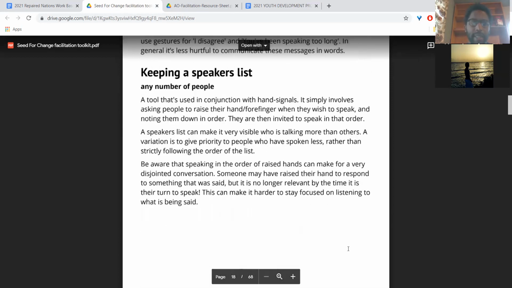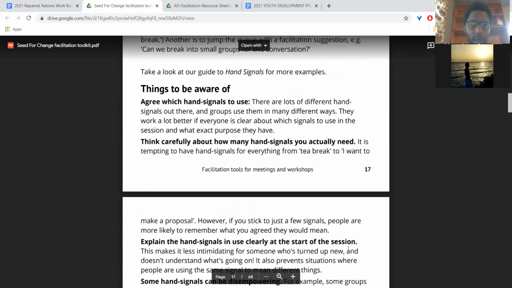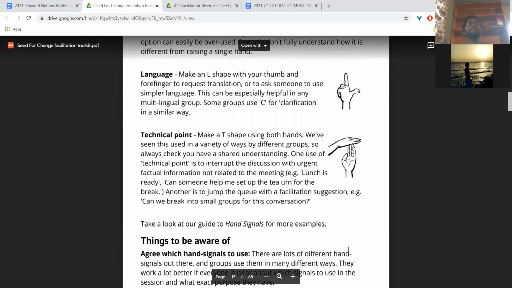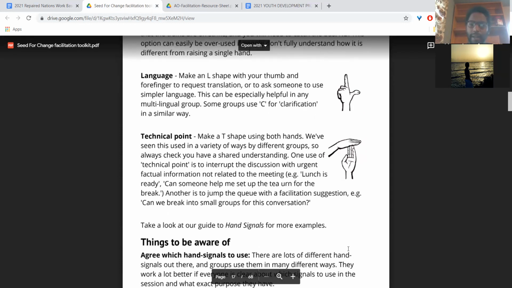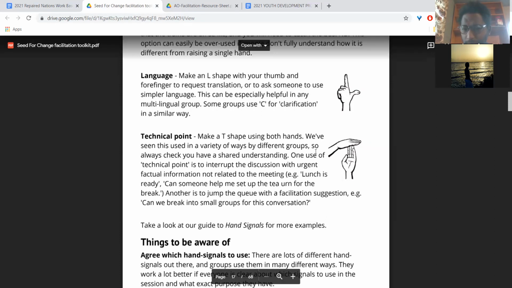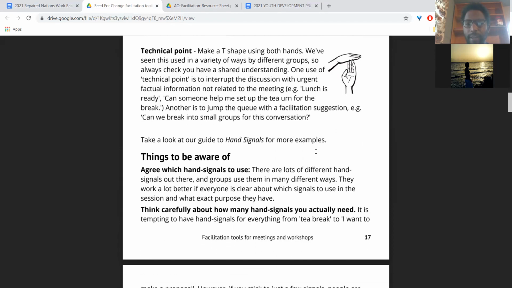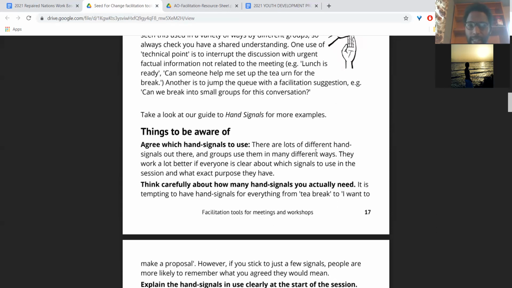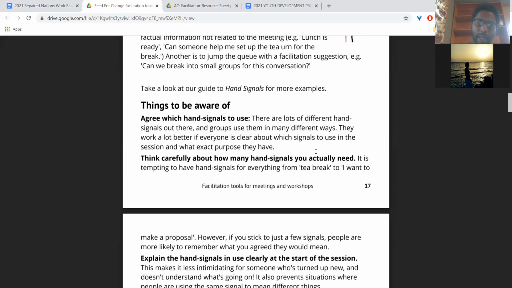Okay. When you are facilitating a meeting, your group, your collective, your co-op can decide to use hand signals if you want. They show some standard hand signals up there if you want to look at that.